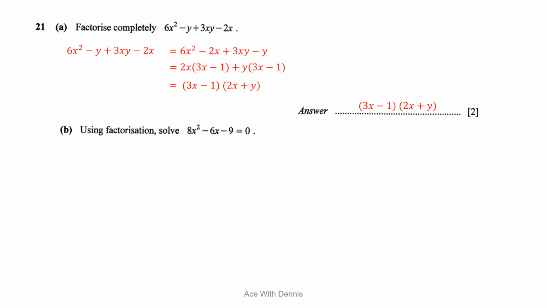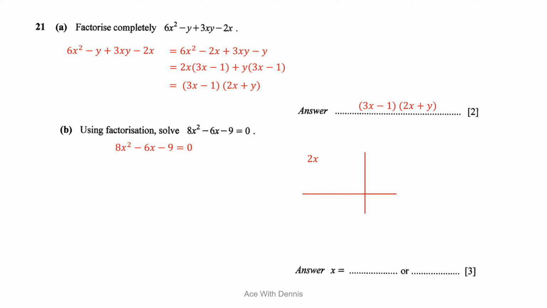B. Using factorization, solve 8x squared minus 6x minus 9 equal to 0. 3 marks. So given this equation, 8x squared minus 6x minus 9 equal to 0, we have to factorize this quadratic equation.